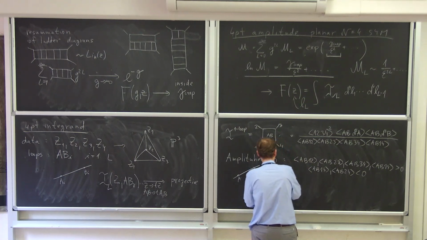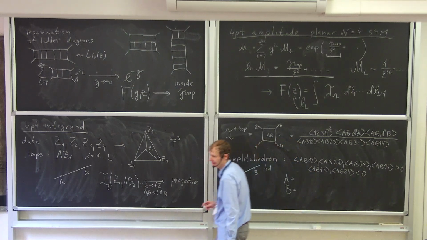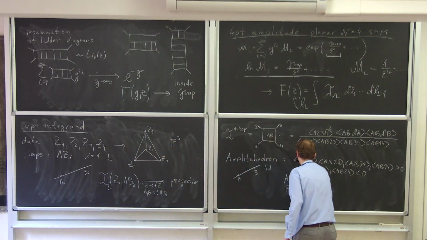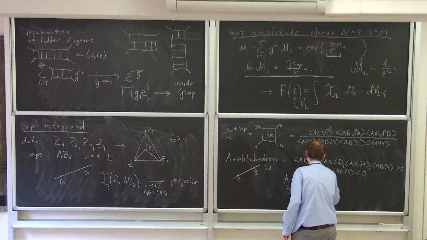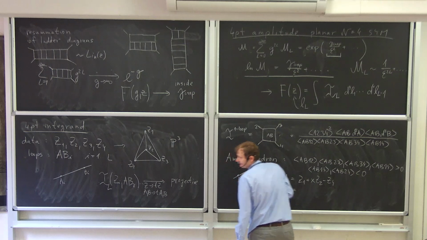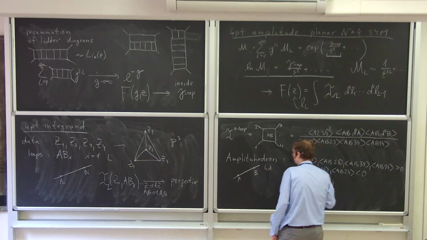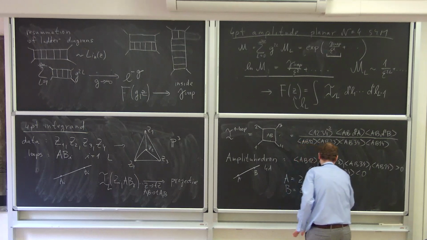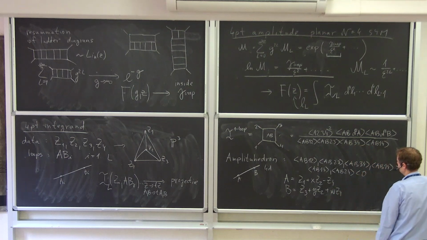If you then expand A and B as 2 points along the line in terms of these external z's, this is just an expansion in a basis.